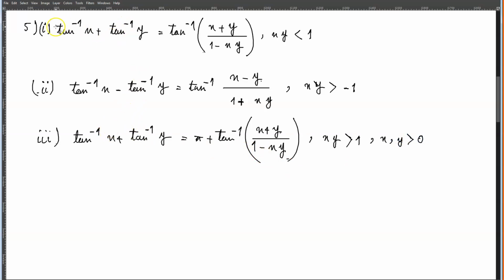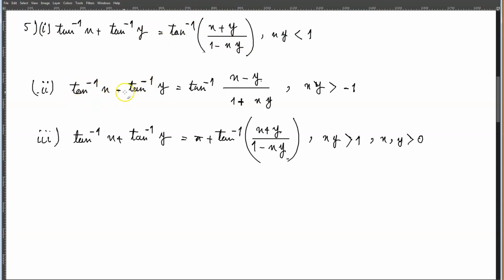So part 1 of this question is tan inverse of x plus tan inverse of y, so these are basically two angles, equal to the tan inverse of (x plus y) over (1 minus xy). So you take the two ratios and combine them in this manner and give them to the tan inverse function, and it will give you basically the same result.